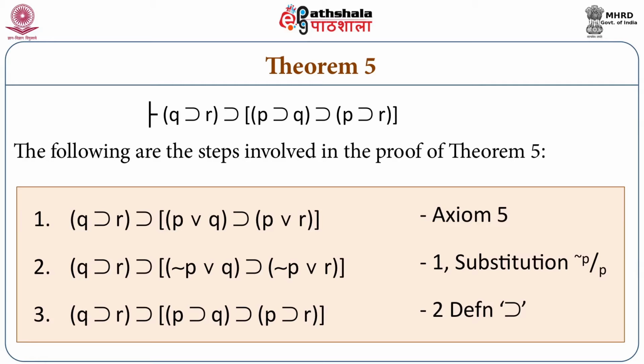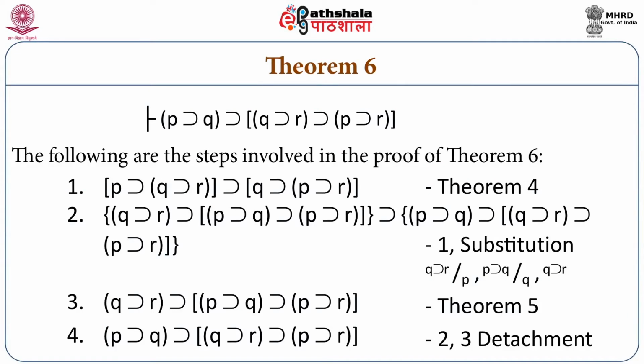Q implies R, together implies not P or Q implies not P or R. Now, having uniformly substituted P by not P, if we apply the rule of logical equivalence, we get this one. So this disjunction is going to be replaced by implication: Q implies R, together implies P implies Q implies P implies R. So that's how we got our theorem number 5.